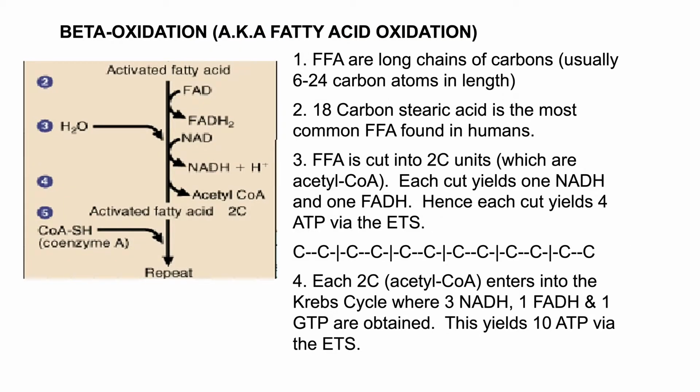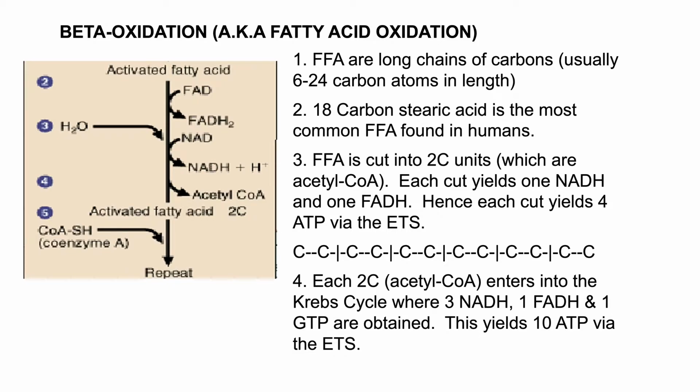So beta oxidation, aka fatty acid oxidation. It says free fatty acids are long chains of carbons, usually 6 to 24 carbons in length. 18 carbon stearic acid is the most common free fatty acid found in humans. It says a free fatty acid is cut into 2 carbon units, which is an acetyl-CoA. Each cut yields 1 NADH and 1 FADH. So every time acetyl-CoA is cut and given off, an NADH and an FADH are given off as well.